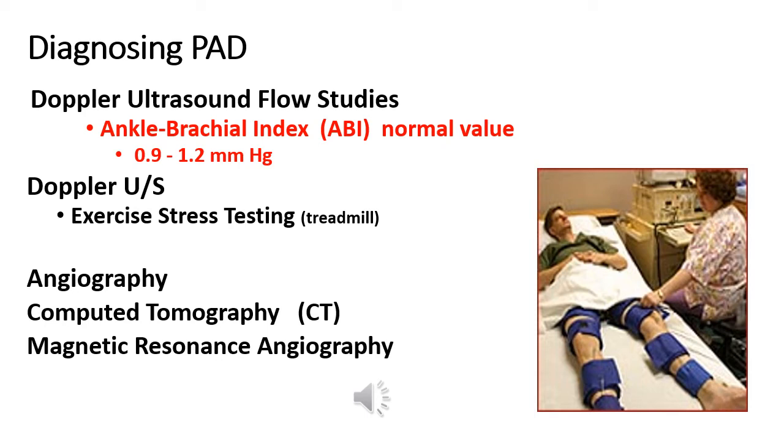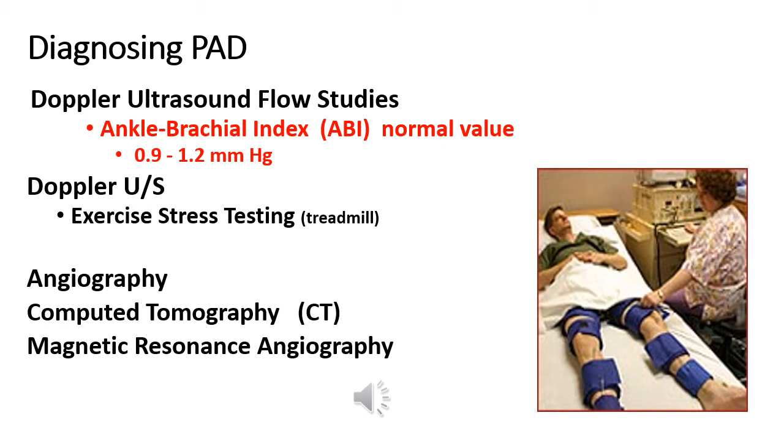And so what you need to know about this is the normal value. So you would want to know if it was not within this normal range, and that would help you to know that that's significant of an insufficiency.